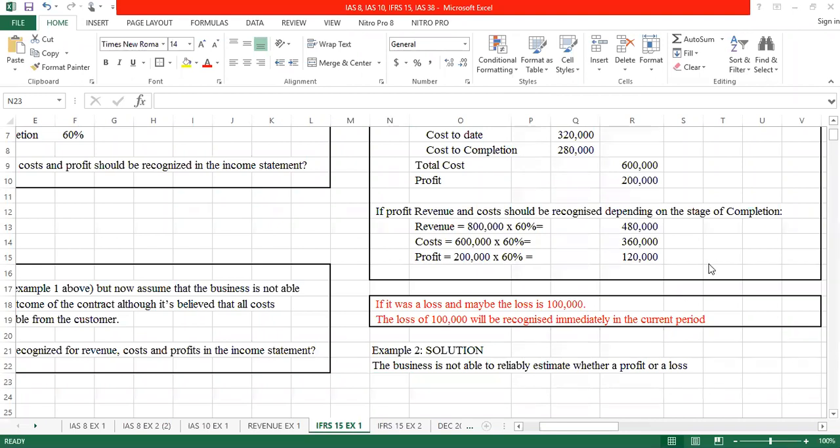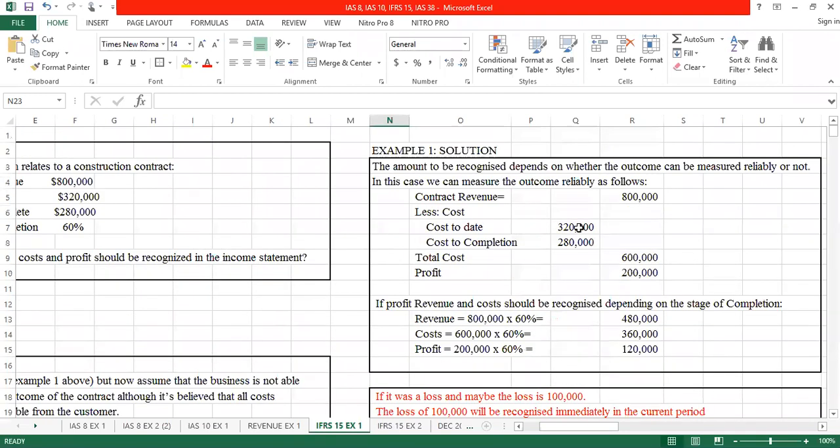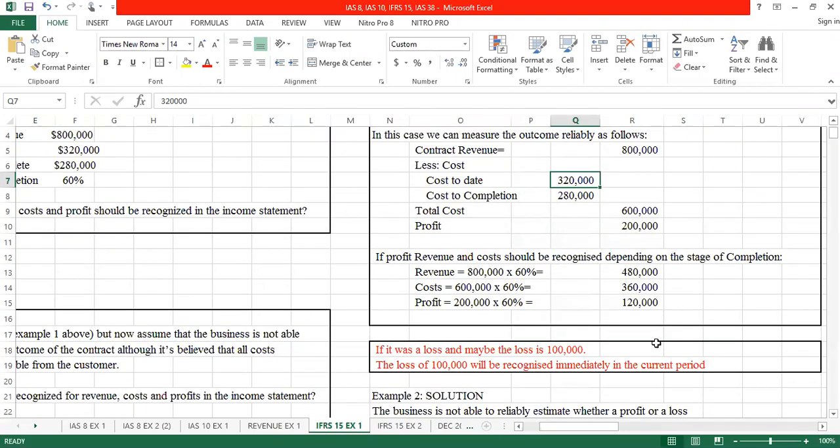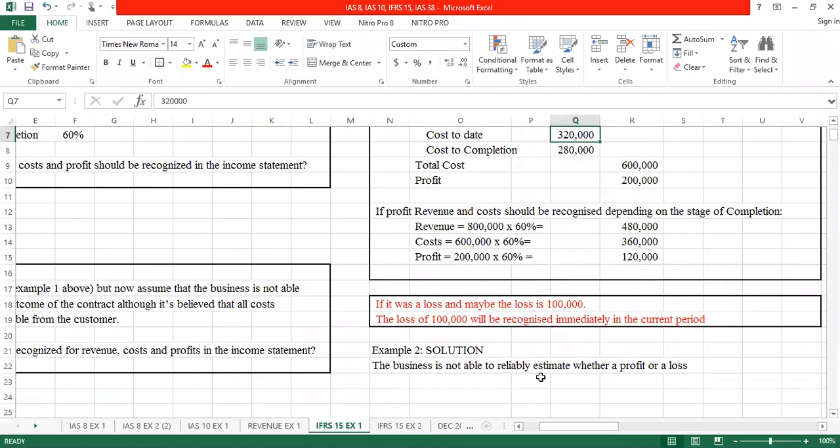No, it is not the one to recognize. This 320, remember we recognize the whole loss what? Immediately. The whole loss. It is not the one we recognize. I will come to it. Just wait. There is an exam question we will be looking at. That is why I'm saying today I may extend by 15 minutes. Just allow me to move on. You will slowly understand it as we continue.